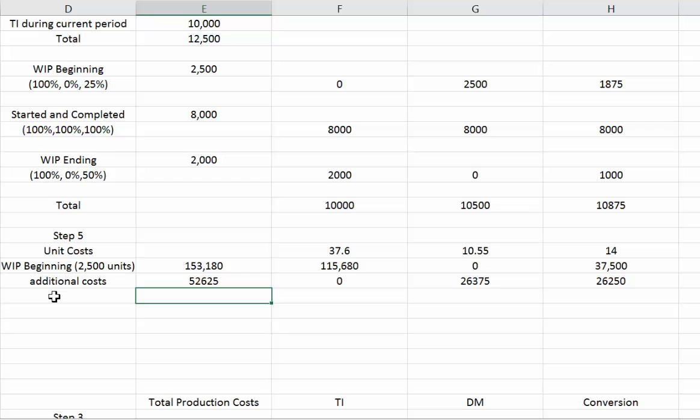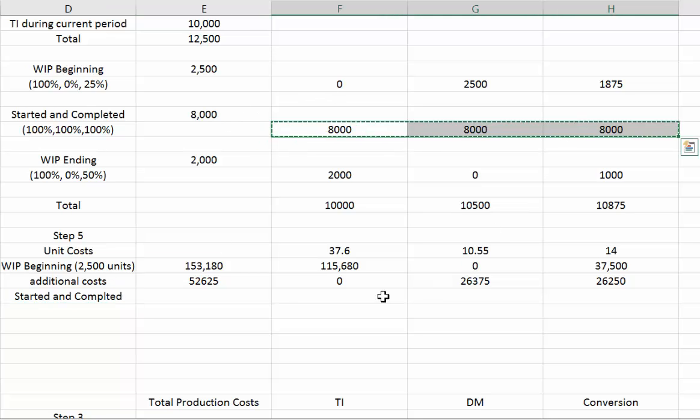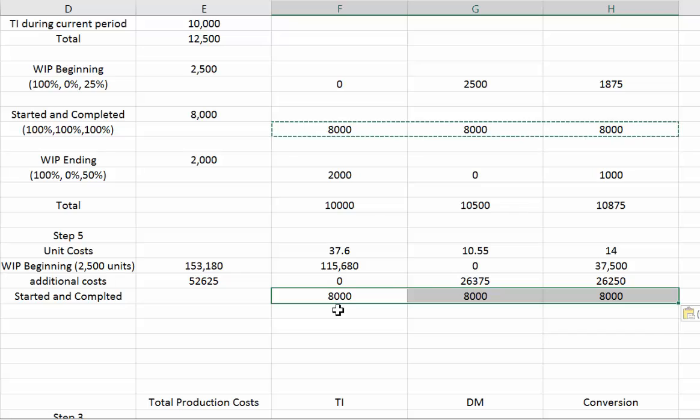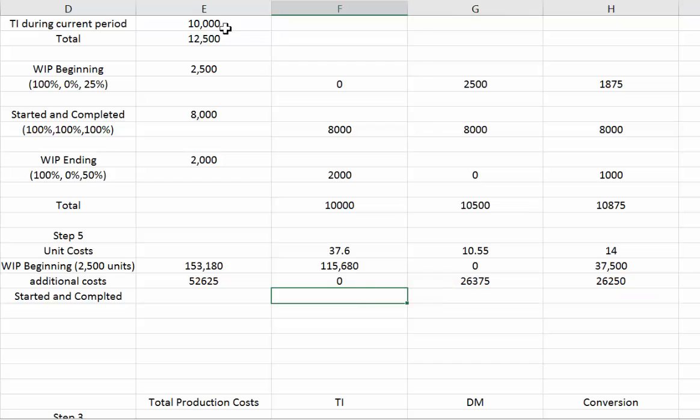Perfect. Then I also have started and completed. And how many? So basically 8,000. They started from the 0% all the way to 100%. Oh sorry, I should not copy these numbers down here because I'm looking at the cost.